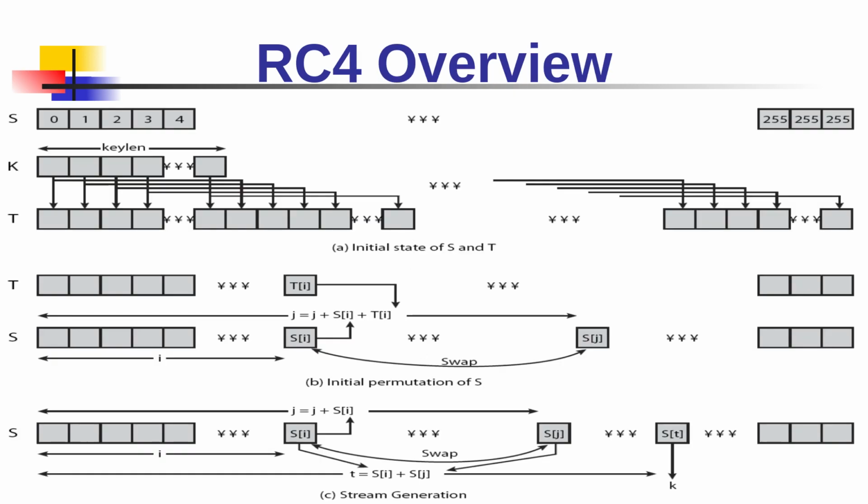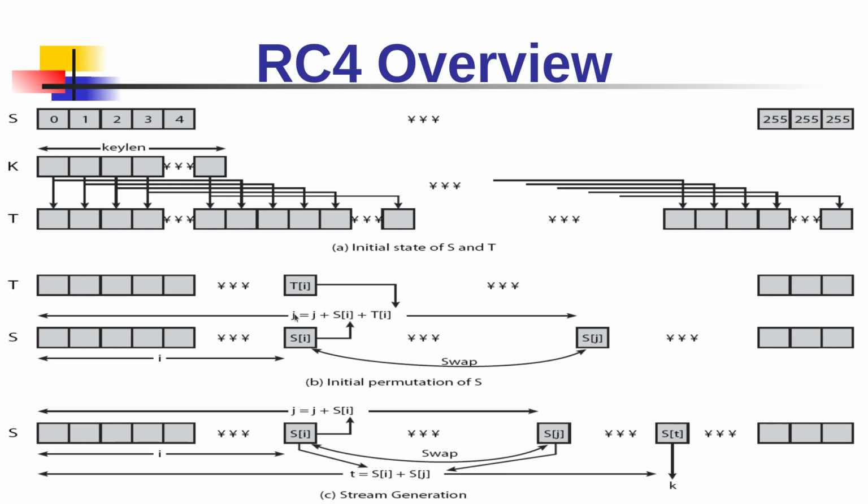Okay, so this is a consolidated diagram. Initially we initialize the state array S, and from the state array S we calculate the T's, depending on the key length we have, because based on the key length we calculate the T's. Once this is done, the j value and i value are initialized one by one.